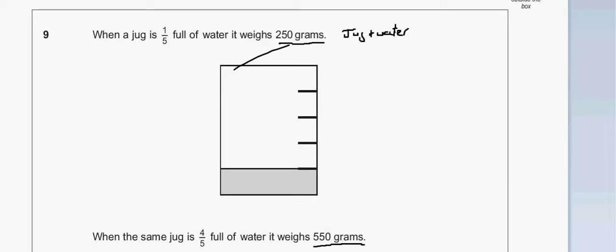Okay, I hope you understand that. So if we take away the jug plus the water away from the 4/5, this will just tell us what the water weighs.